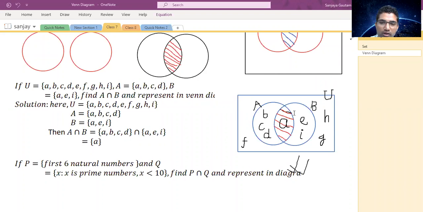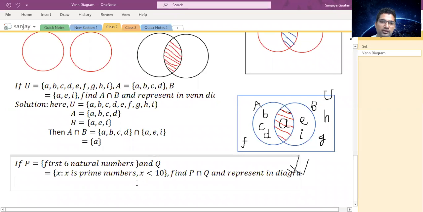How 2, IO? There are numbers there, capital letters, alphabets also there.